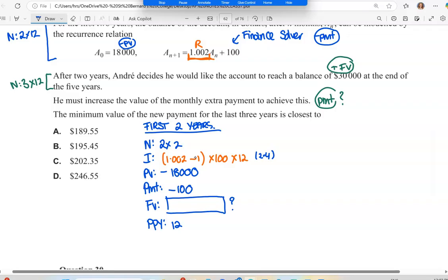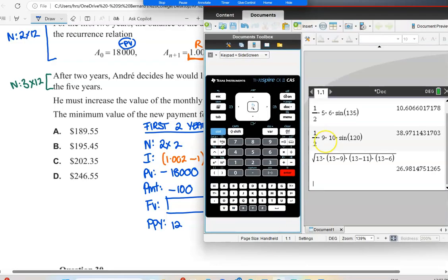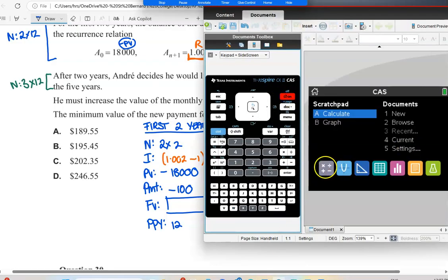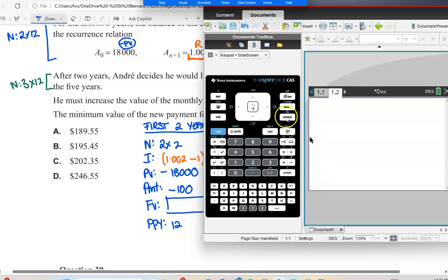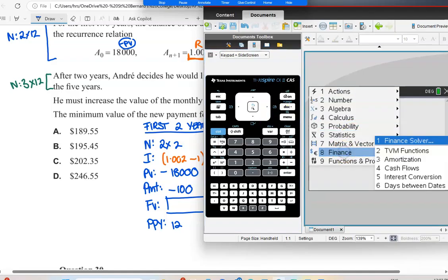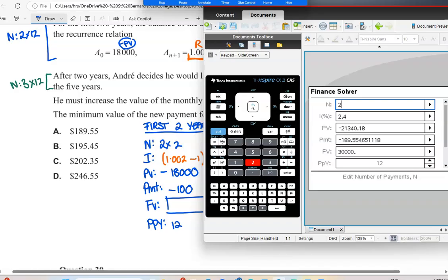All right, so now you can write that expression into your calculator. Let me show you. On a normal calc page, we'll go to Finance Solver, and we're going to go 2 times 12. I always think it's safer to do that.